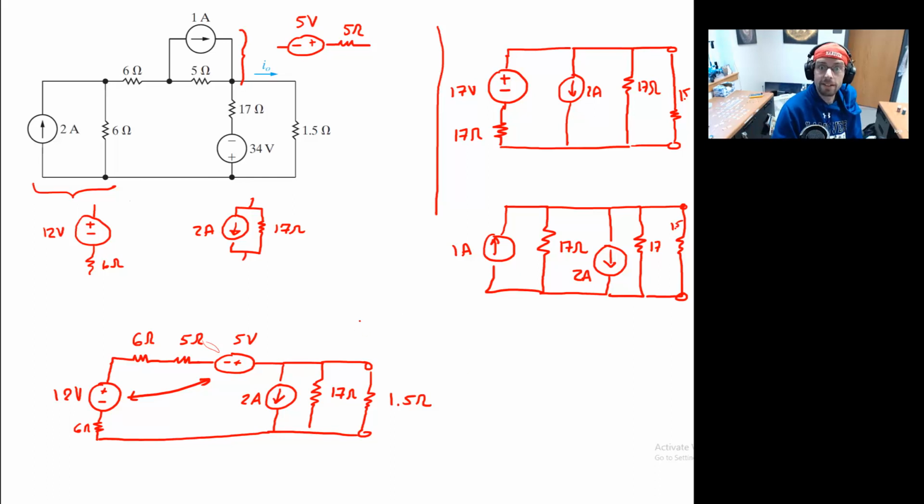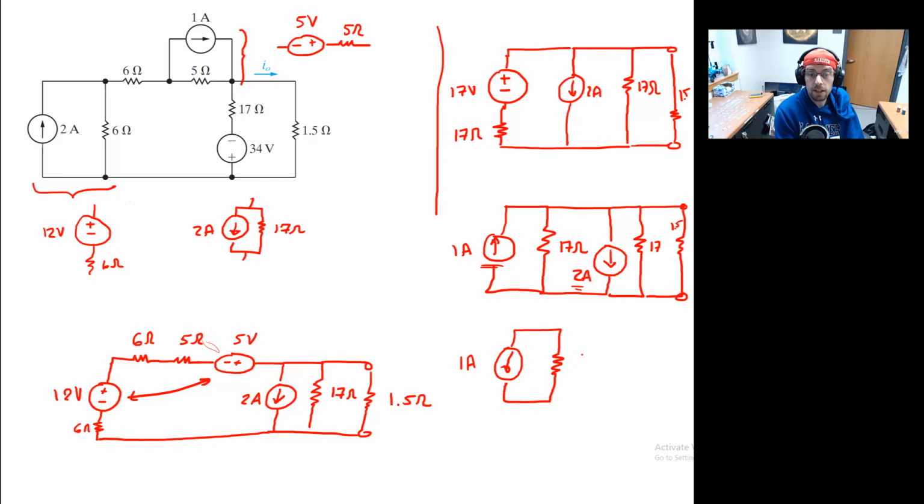But now we're in a situation where we can combine these suckers, right? We can combine the 1 amp supply and the 2 amp supply. Namely, that is a 1 amp supply going down. We can combine our 2 resistors, which are in parallel.